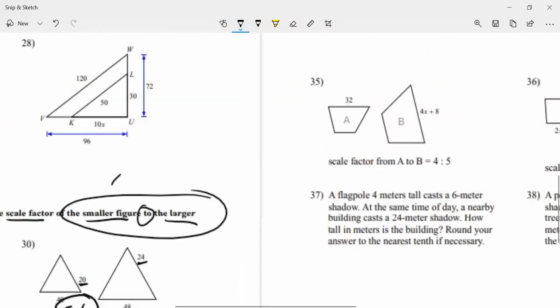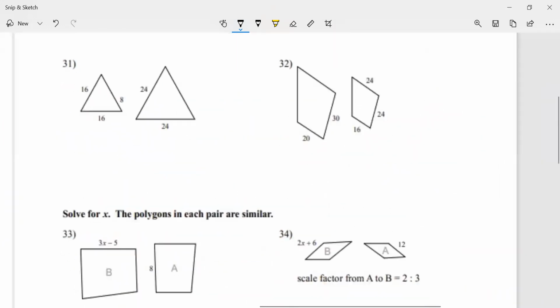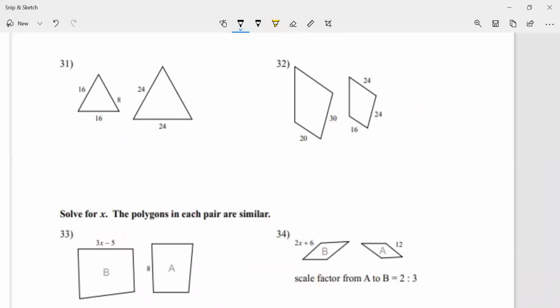Let's take a look at number 31. Now, I cannot choose side 8 because side 8 goes with this side, and I don't know how big that side is. I'm going to choose side 16 that goes with 24. So right now I'm just going to write 16 colon 24 all together, no spaces. If you can simplify your numbers, by all means do so.